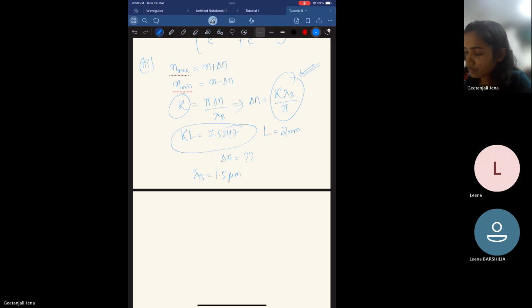Okay. So let me see. We know the value of kappa. So one thing that we can do here is multiply L in both numerator and denominator. So delta n is kappa L lambda b over pi L. So kappa L is known, it is 7.5247, into lambda b, which is 1.5 into 10 to the minus 6, over 3.14, L is 2 mm.